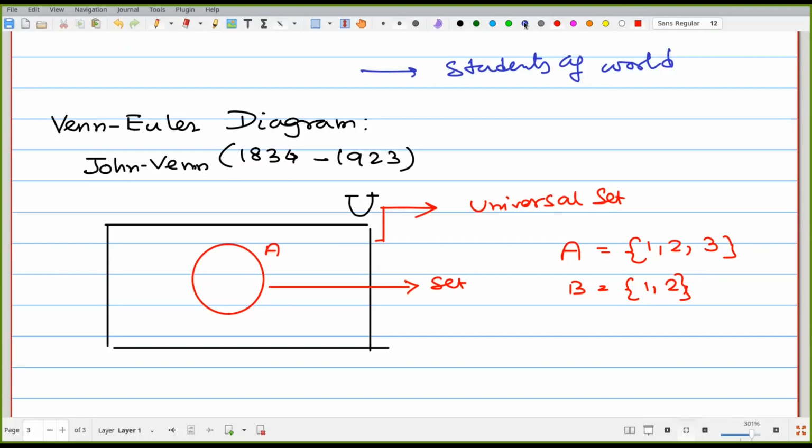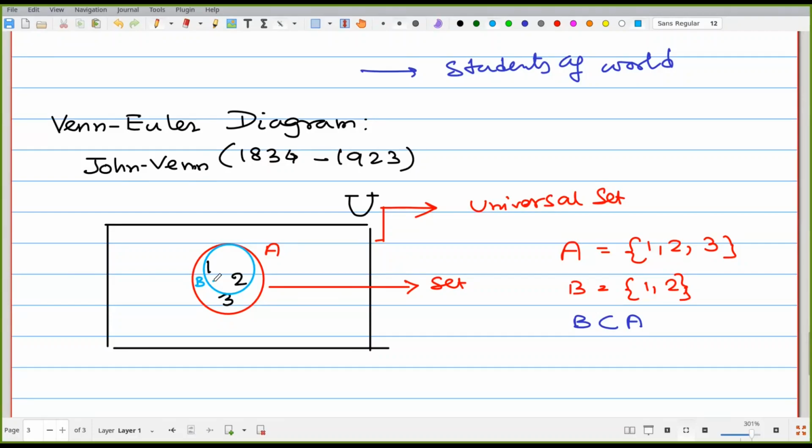Here B is a subset of A. So 1 and 2 are practically a subset of A. That means B. We can also draw B in between, where that blue color is the subset of A. So that is a very simple representation of the subset, and A is the superset.